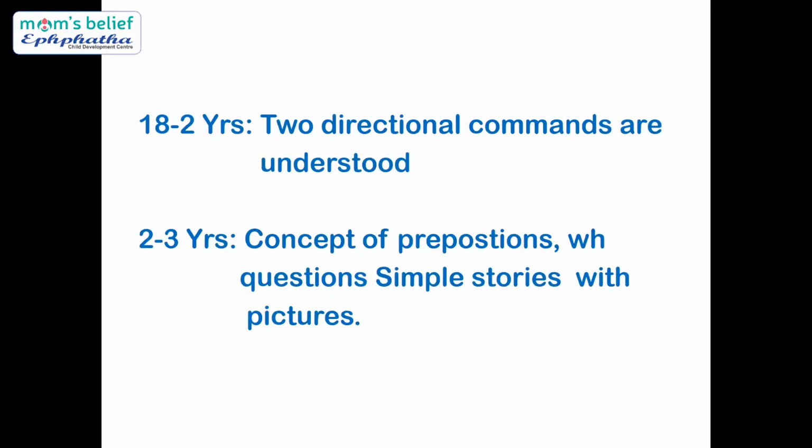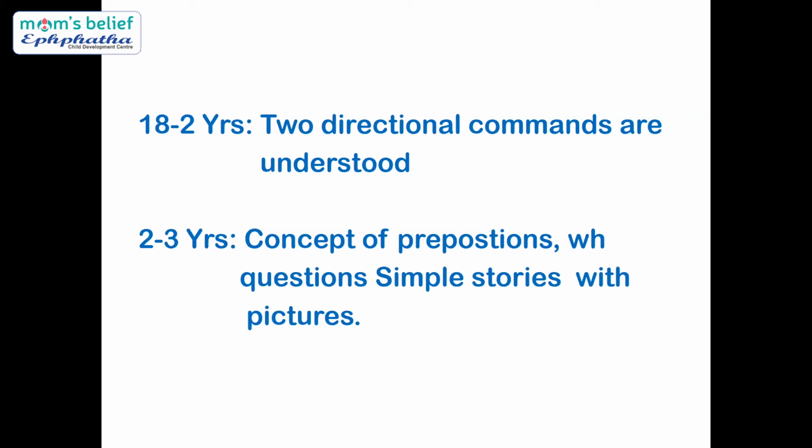Then from 18 months to 2 years, the child is able to follow or understand two-directional commands. And from 2 to 3 years, the concept of prepositions, which is very important, because this is the level of syntax in the components of language. First, as I said, the opposites take place.